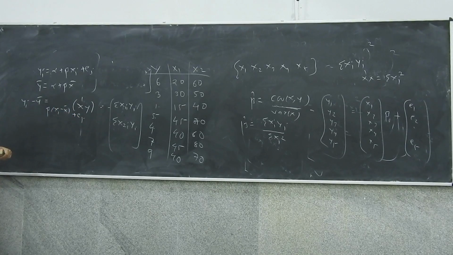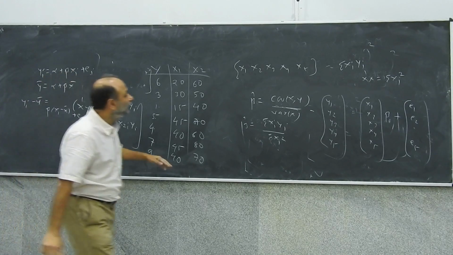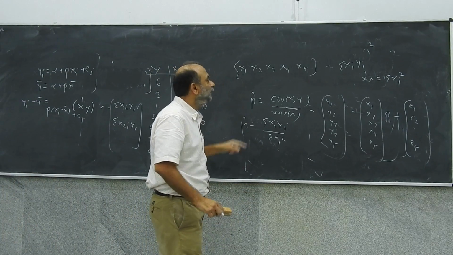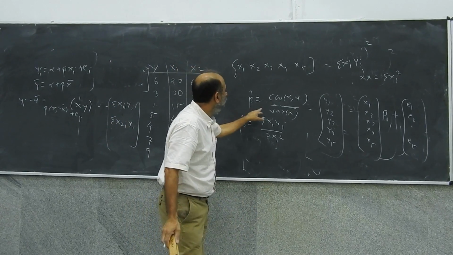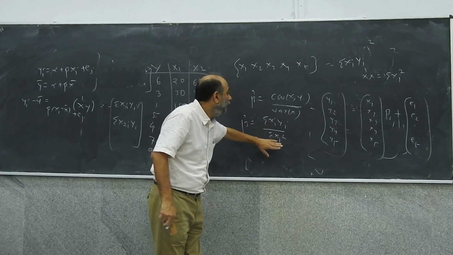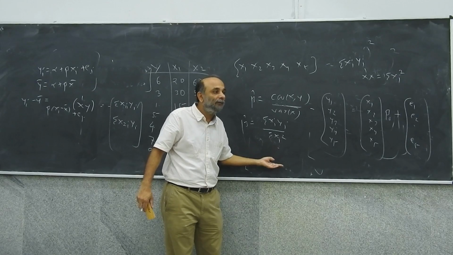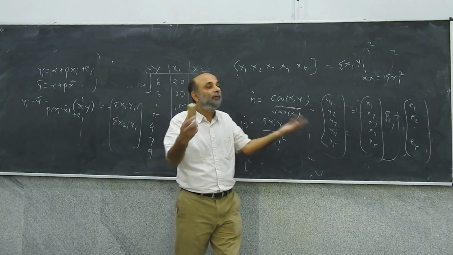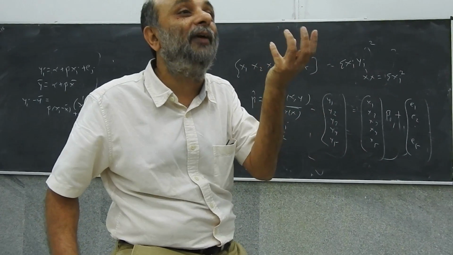If I subtract the two equations, this is what I get. So in fact, this equation that I've got, yi is equal to beta xi plus ei, can be interpreted in terms of xi minus x bar, yi minus y bar. In which case, what we get is beta equals covariance xy upon the variance of x. X dash x inverse x dash y, right? Where x dash x inverse is nothing but the variance of x.